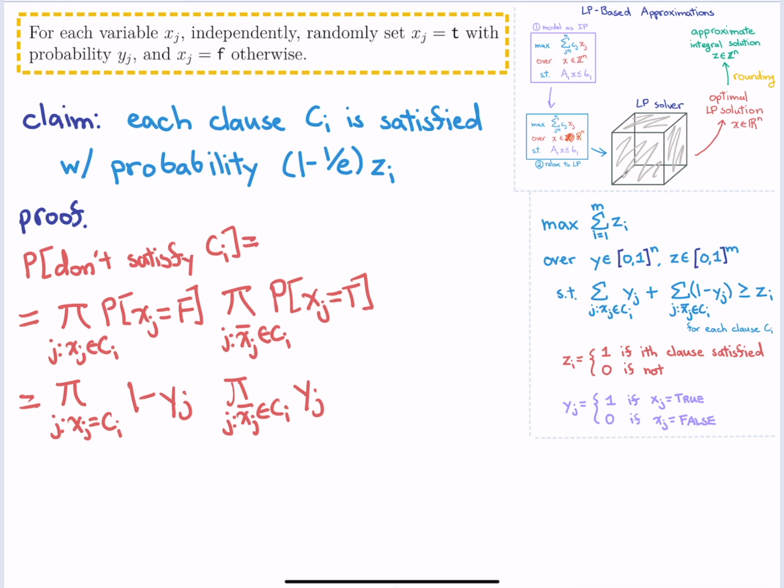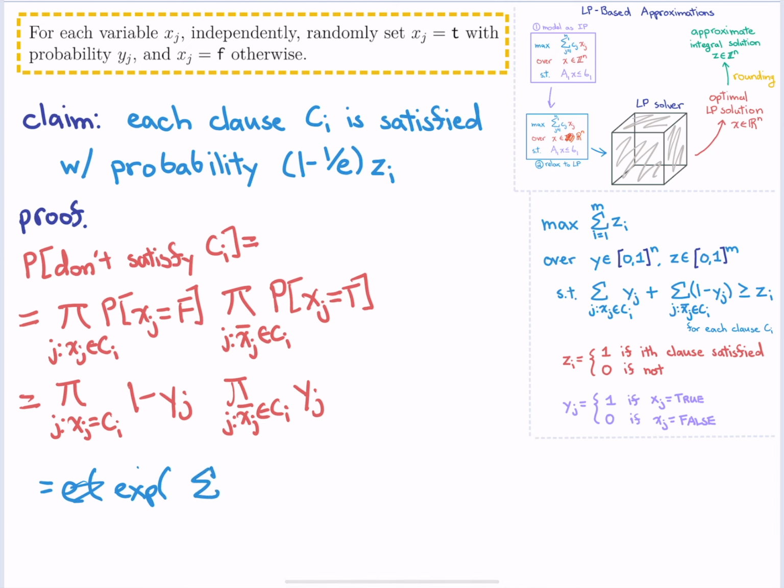Okay, so I want to get rid of multiplication. You said I can take logs. If I did that, you get some e to the, well, exponentiate, and now you get a sum. So I'm going to take e to the log because that'll cancel out.